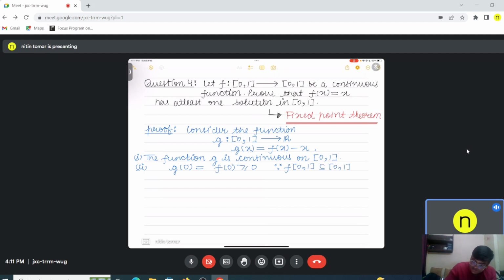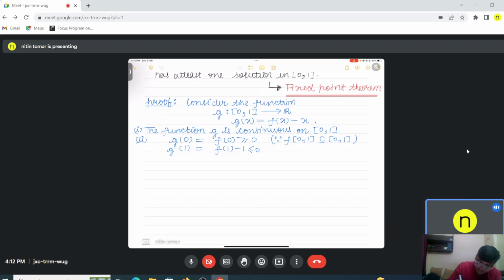This is where we have used the fact that the range of f lies in the closed interval 0, 1. And what about g of 1? g of 1 will be f of 1 minus 1. So clearly it has to be negative or zero, again from the same reason, because every number in the range of f will be greater than or equal to 0 and less than or equal to 1.